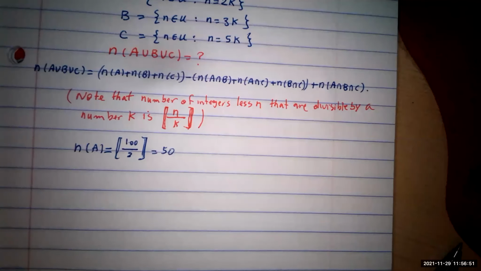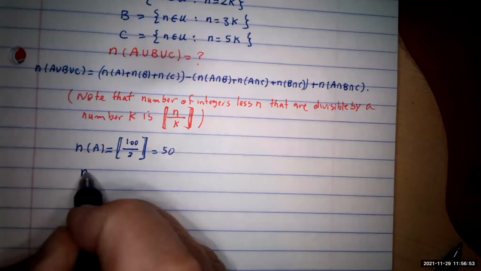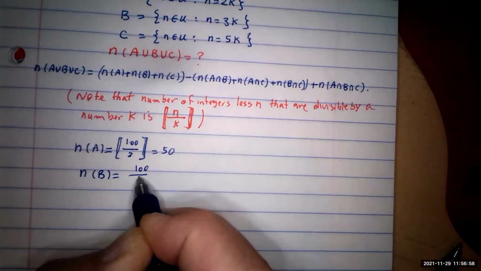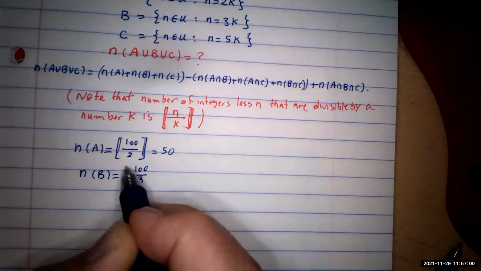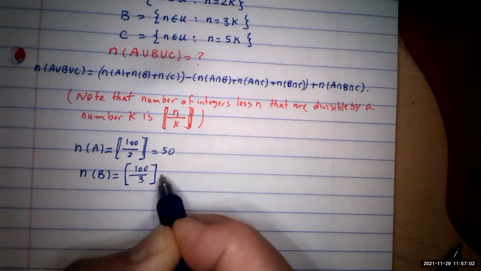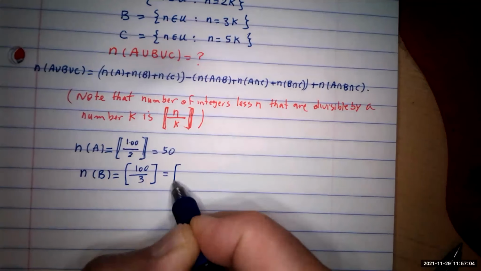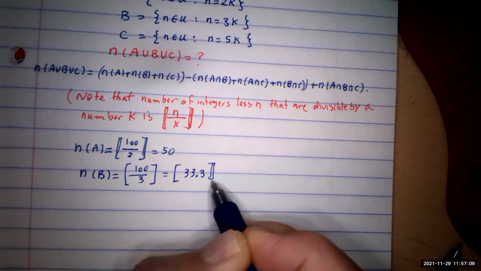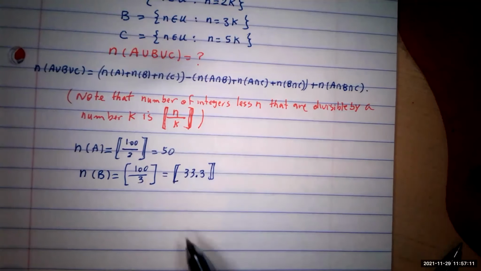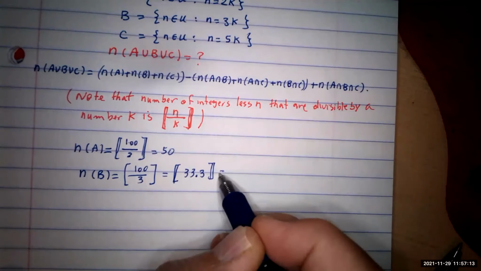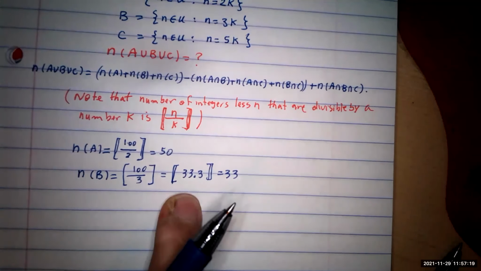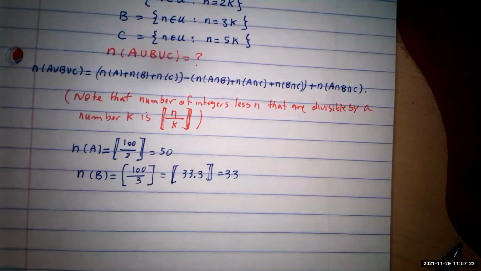Any question? N of B would be 100 divided by 3. I'll show you what would happen here. 100 divided by 3 would be 33.3, but you take the integer part, which is just 33. It's the largest integer less than it.